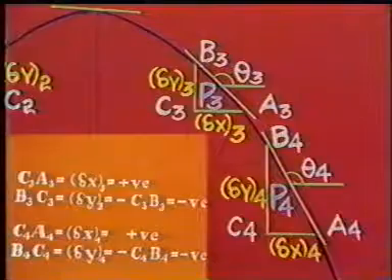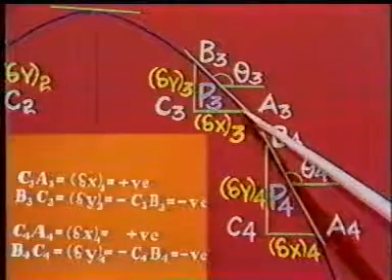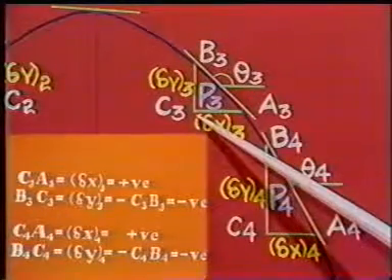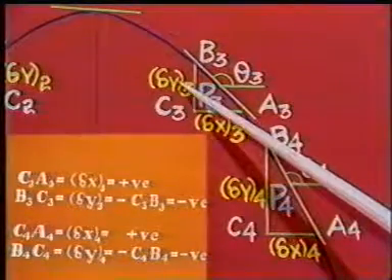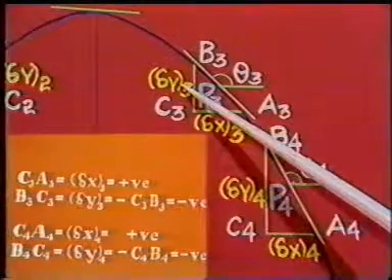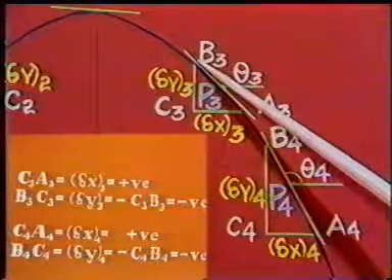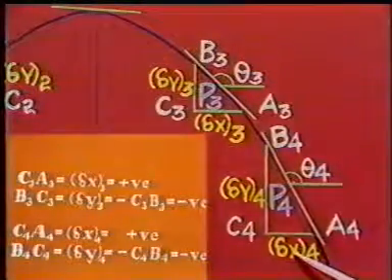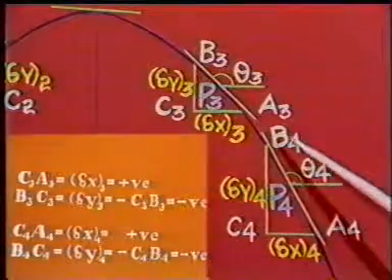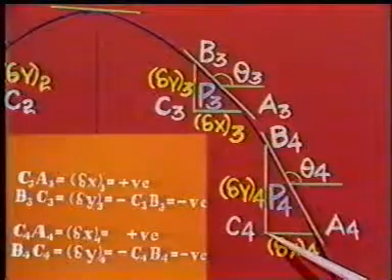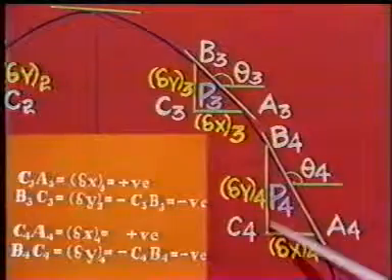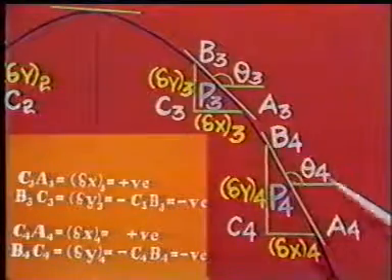Thus, C3A3 is equal to delta x3 is positive, B3C3 is equal to delta y3 is equal to minus C3B3 is negative. C4A4 is equal to delta x4 is positive, B4C4 is equal to delta y4 is equal to minus C4B4 is negative.